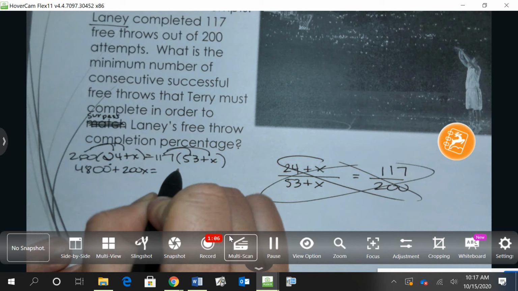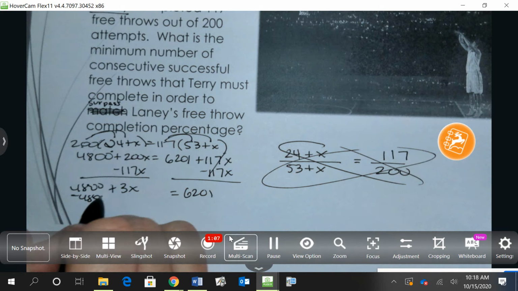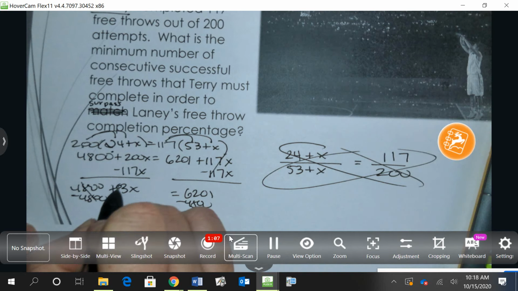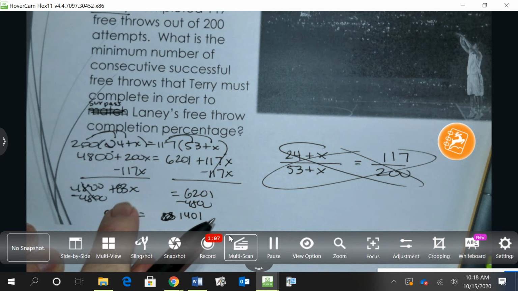You would use decimals because that's what I used earlier. Just make sure it's right. So I have 200 subtract 117 is 83.